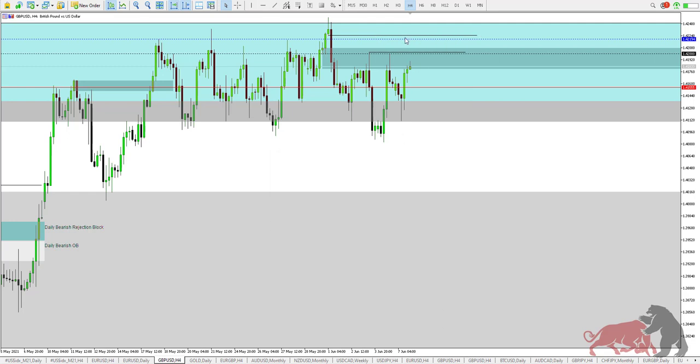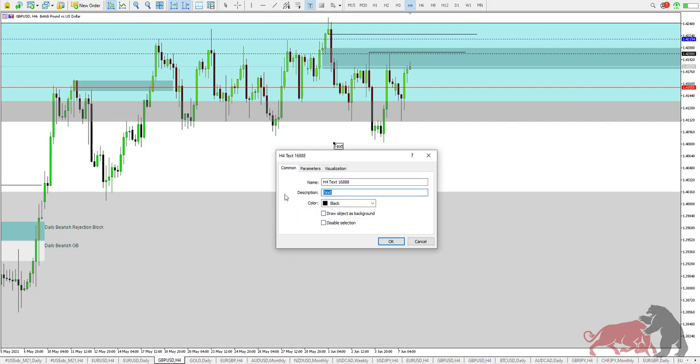We have a fair value gap in here, this range from this low to this high, we've got a liquidity void here. Remember now, this is H4, right? And we've got a fair value gap inside that range.